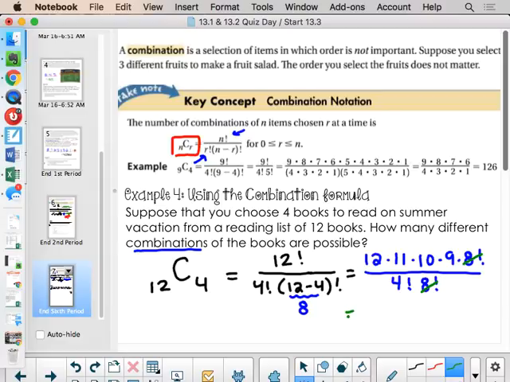So now I have 12 times 11 times 10 times 9 on the top, and on the bottom I have 4 factorial, which is 4 times 3 times 2 times 1. Now, hey, wait a minute. What's 4 times 3? If I got 12 on the top and 12 on the bottom, what I'm really left with is 11 times 10 times 9 over 2. But hey, wait a minute. What's 10 divided by 2? So all I'm really left with is 11 times 5 times 9.